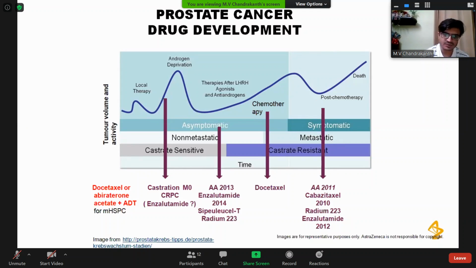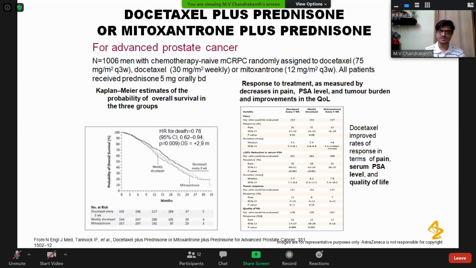We have to look into the overall picture of the clinical trials and look into their selection criteria and then understand. So this is the famous docetaxel trial, the TAX 327 trial, which made docetaxel in the castrate-resistant prostate cancer the standard of care.